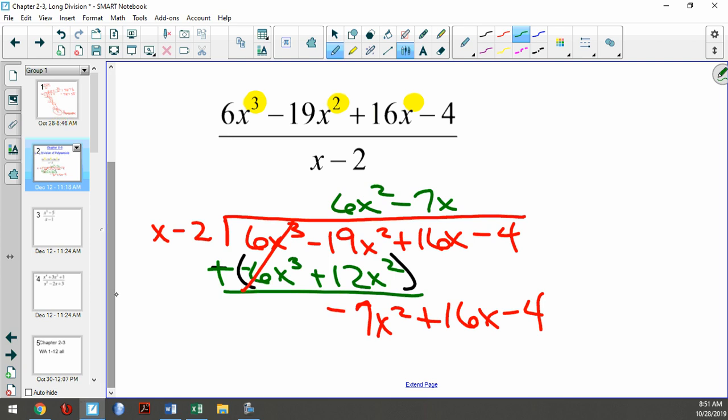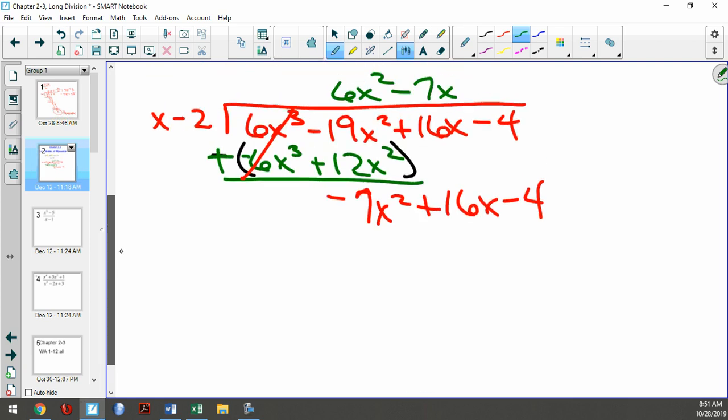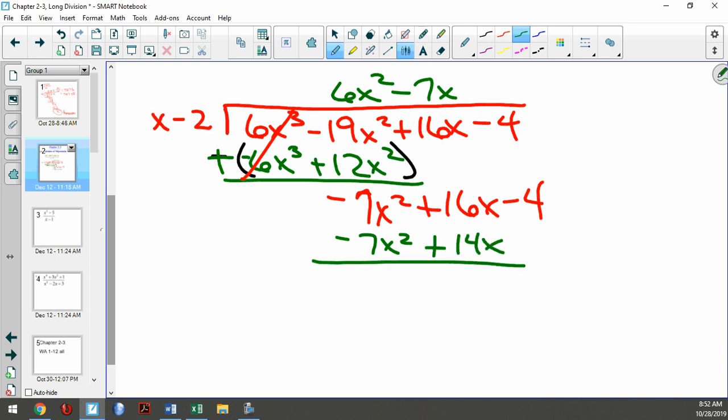And what do we do on the diagonal? Multiply, right? So negative 7x times x gives me what? Negative 7x squared. Negative 7x times negative 2 gives me a positive 14x.